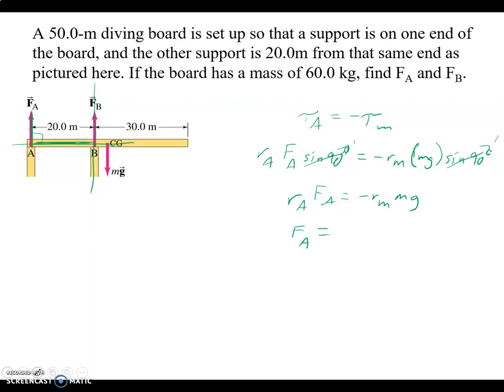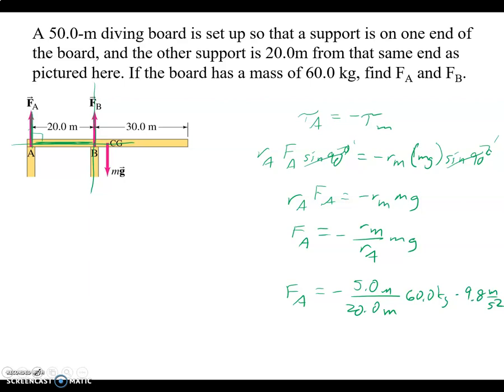Solve for force A. That would be negative RM over RA times the weight of the board. So RM, we saw in the last figure, was 5 meters. RA is 20 meters. Mass of the board is given in the problem as 60 kilograms.